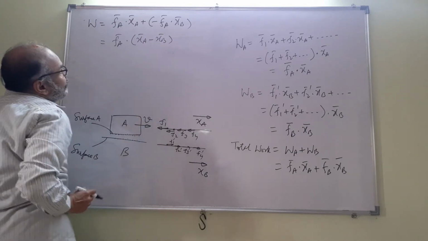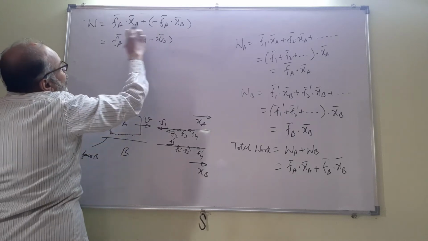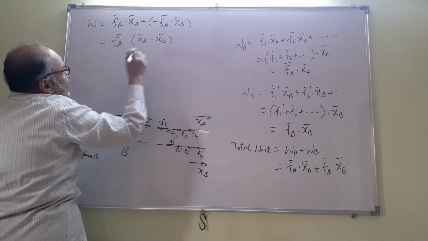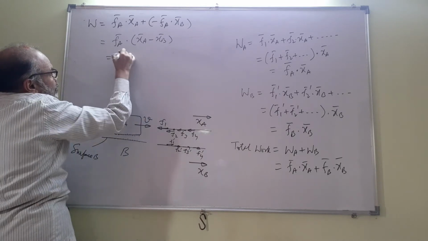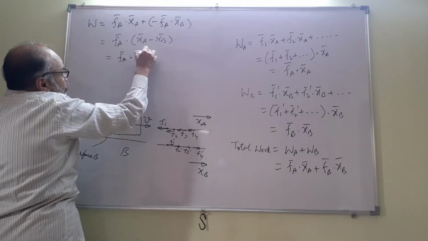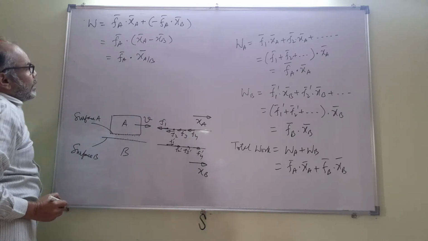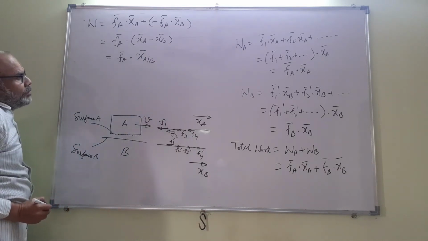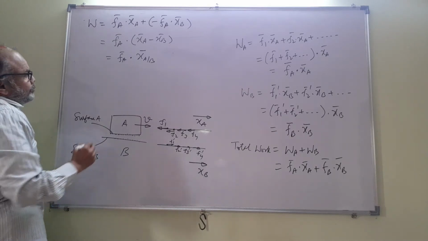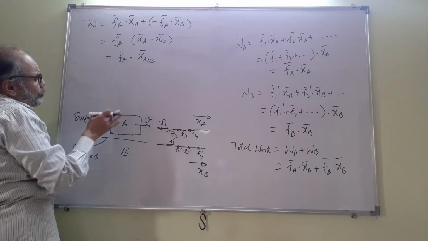So this is FA dot XAB. That is the total work done by the pair of frictional forces.